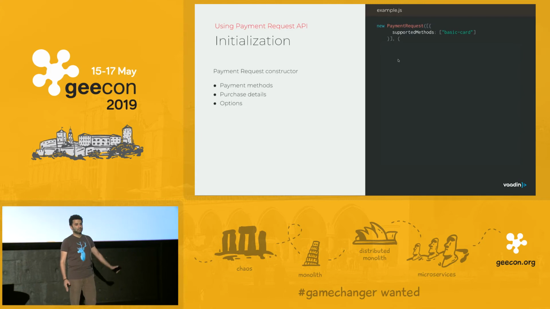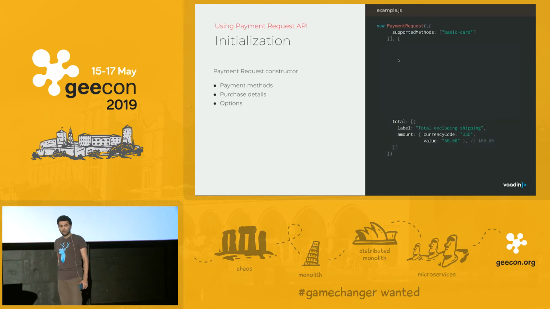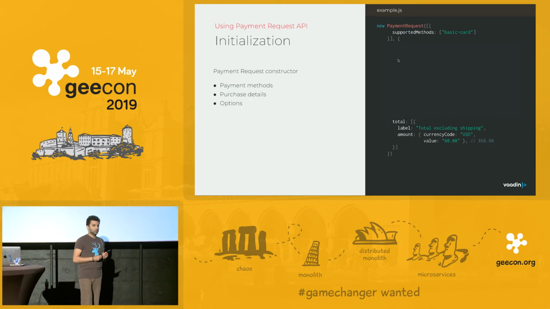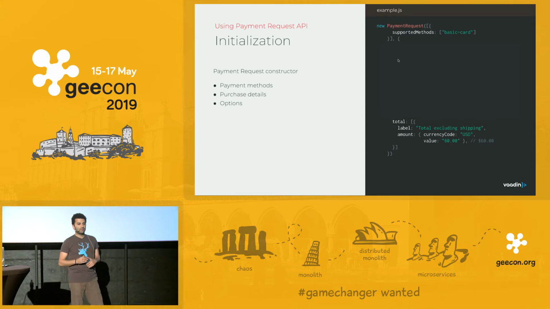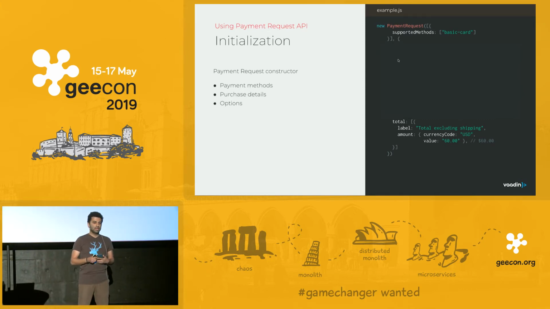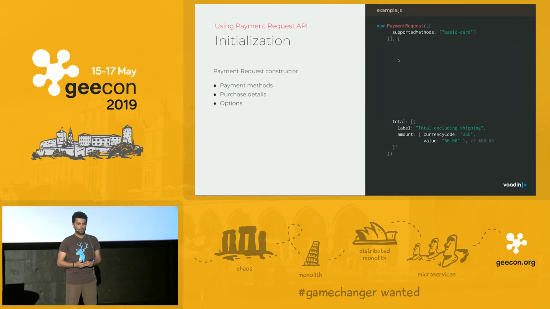More about that later, and why only Android Pay is supported so far. And then you need to specify the label of what should be displayed for the user. So here I'm specifying that this is the total payment that you have to pay, and the amount is in USD $60.